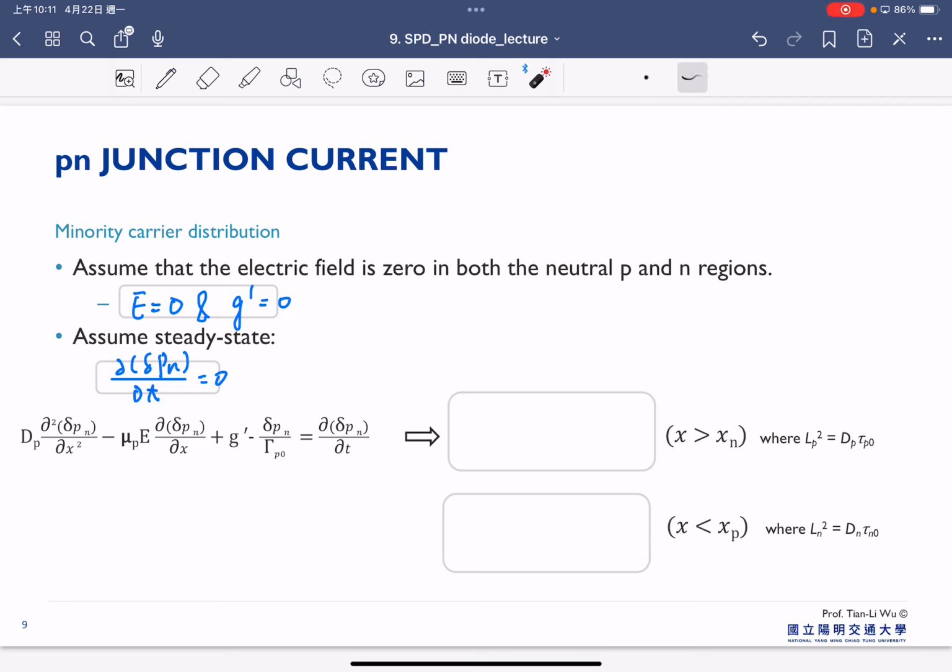And therefore, this equation can be simplified as shown in here, where we consider x is larger than xn, or x is smaller than xp, and we define this one as these things. So therefore, our equation will become like in this one.